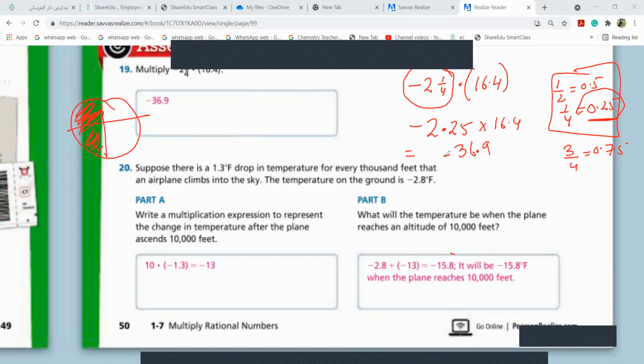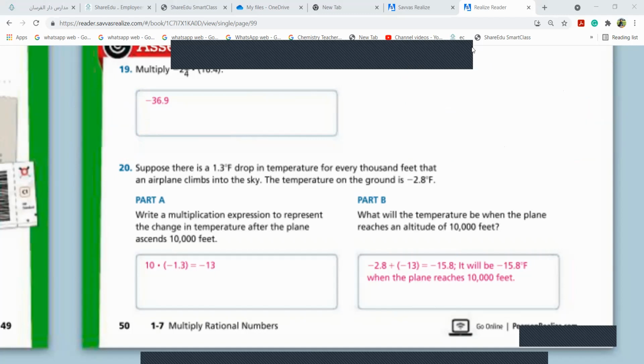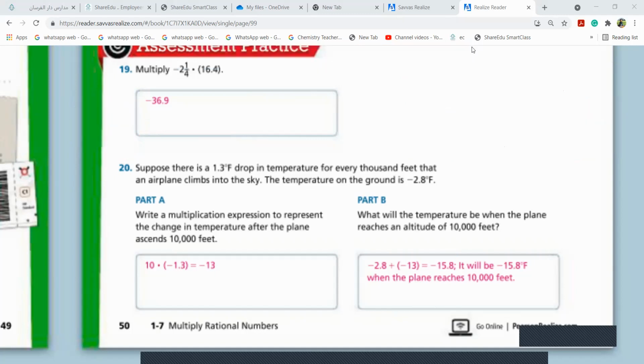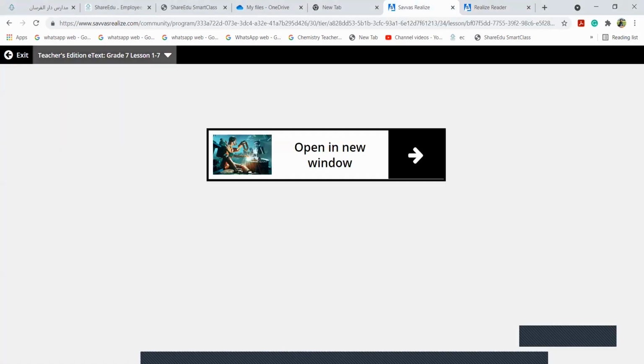When I multiply, I get -36.9. Okay? That's it. 20 we will not do.